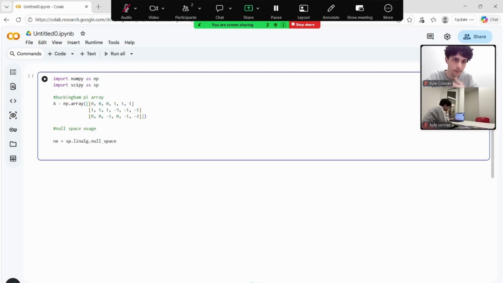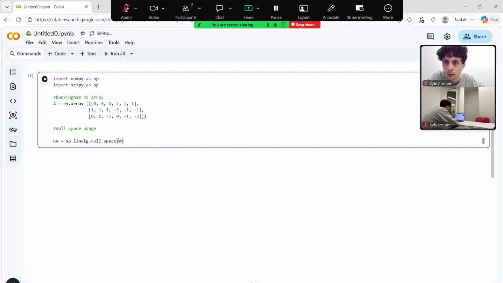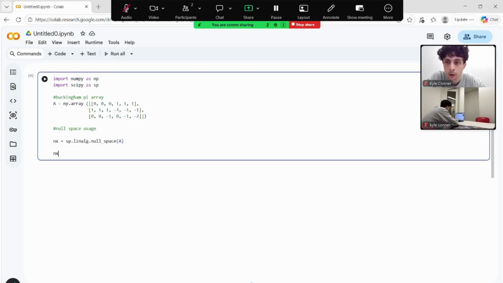The null space is a very common form from linear algebra, so it's very important for this. We need to integrate that into what we're using today. And then again, as we all know, we're using the null space, so we'll put that A there. Now I'll show you what this array looks like that we got right here. So we're at nx.